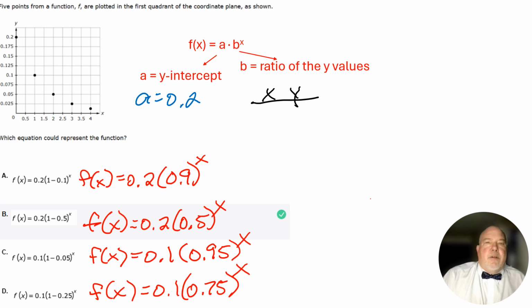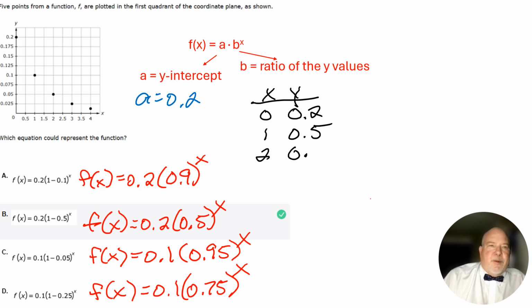All right. So the first point is x is 0 and y is 0.2. That was our a value. And then I have 1 and 0.5 and then 2 and 0. I did that wrong. Sorry. It's not 0.5 there. It's 0.1. My fault.